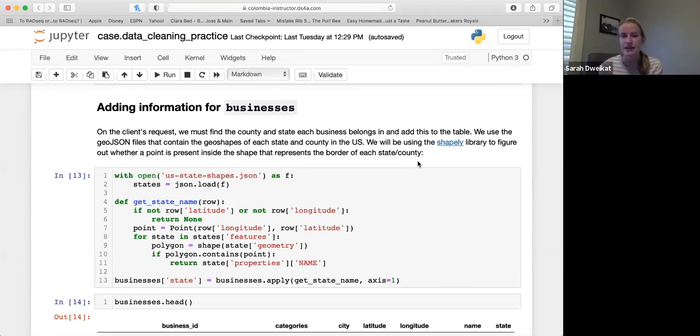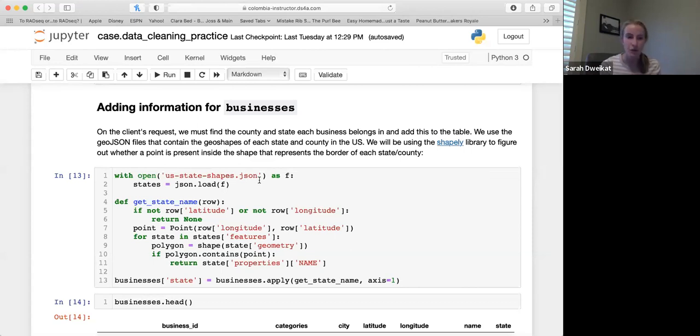So here, if we wanted to find the state based off of our latitude and longitude, this is the code that would help us to do that. The first thing that we need is this state shapes JSON that will actually have all of the coordinates for each state, basically the location data.